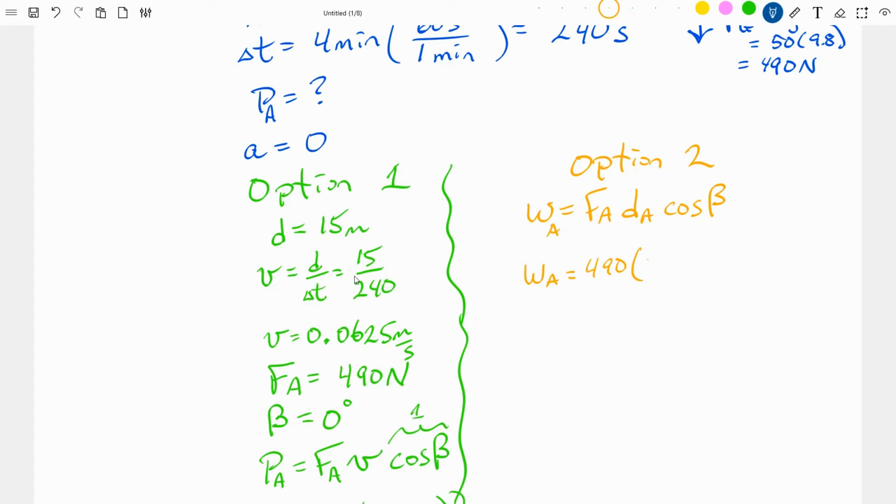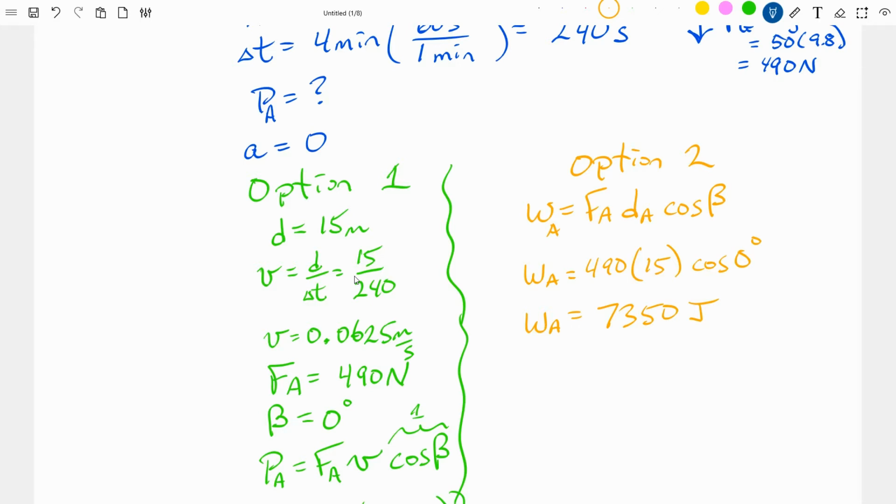I know that it's traveling a distance of 15 meters, and of course a cosine of 0 degrees. So how much work was ultimately done here? I'll calculate that separately. 490 multiplied by 15, and I'm getting an answer of 7,350. 7,350 joules of work was done.